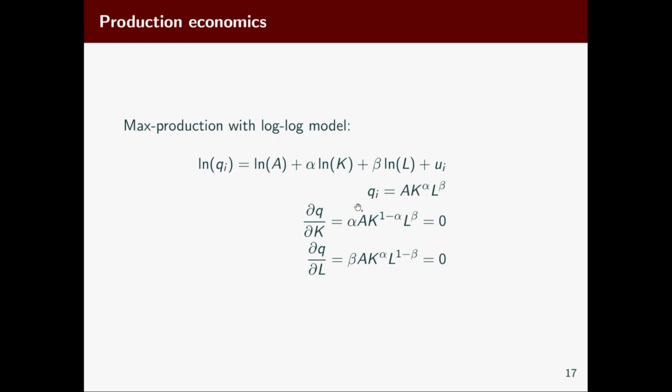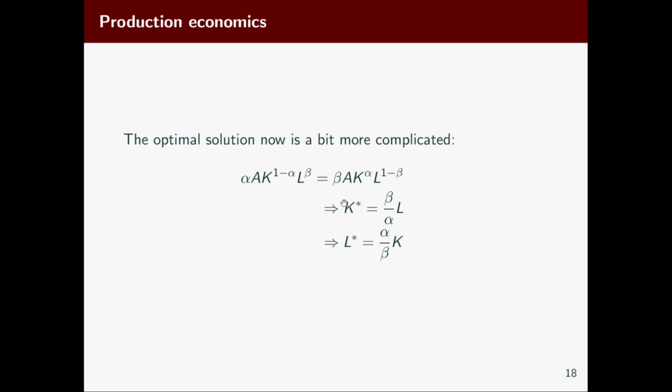Now this is again just an analytical solution. The partial derivative of our production function with respect to capital is this expression here. If we solve for K, the optimal level of capital, we get that it is equal to beta divided by A times our level of labor.